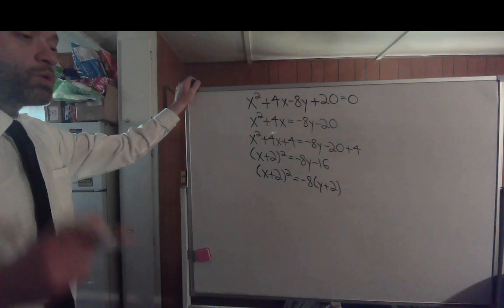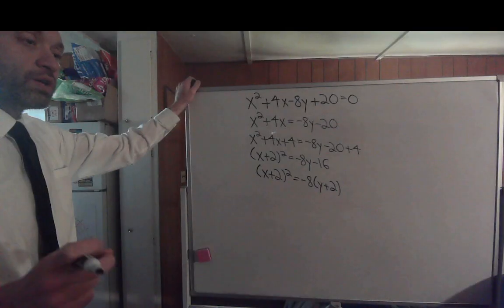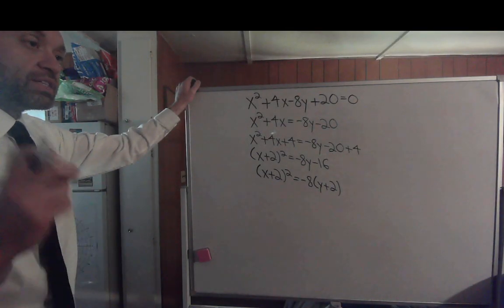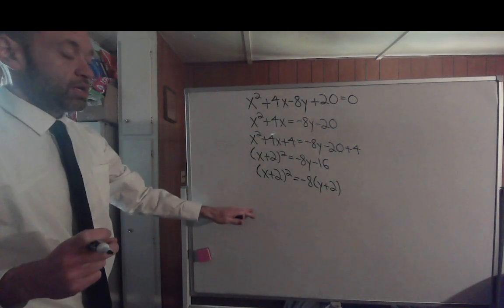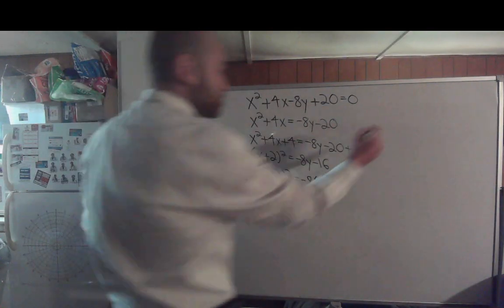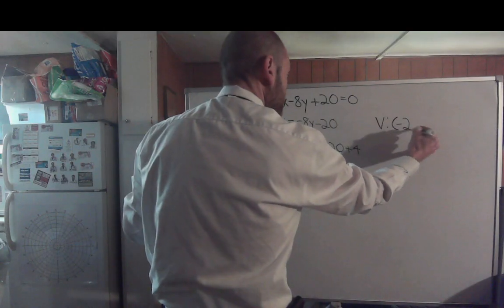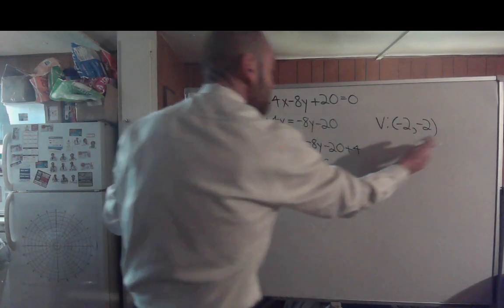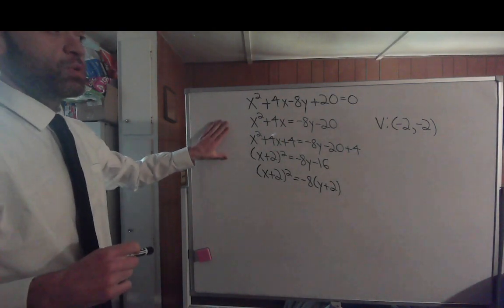First of all, what we should do really, is find a point on this parabola. We know that the vertex for this parabola is obviously negative 2, negative 2. What I'm trying to show you is why the eccentricity is always 1.